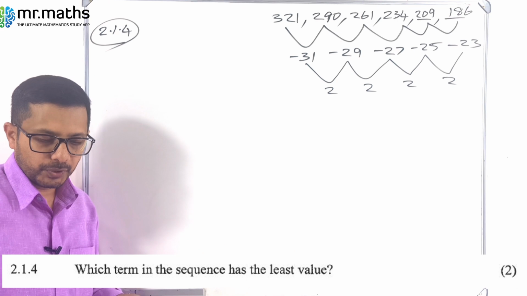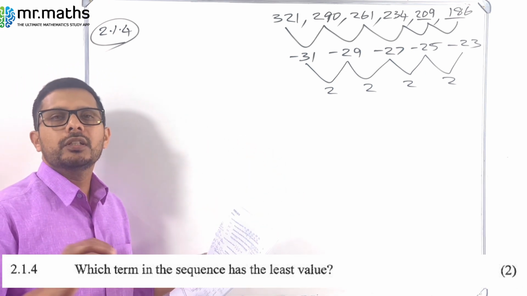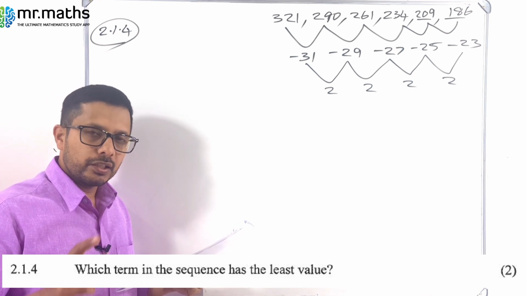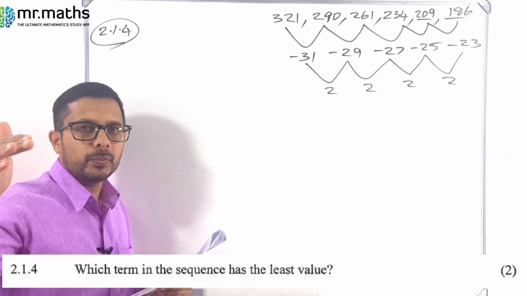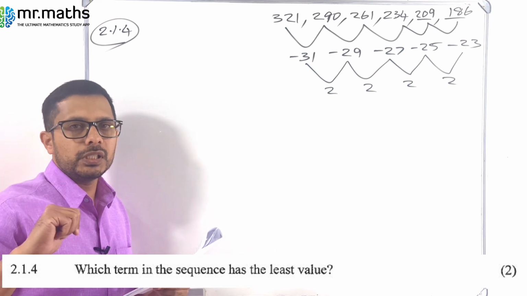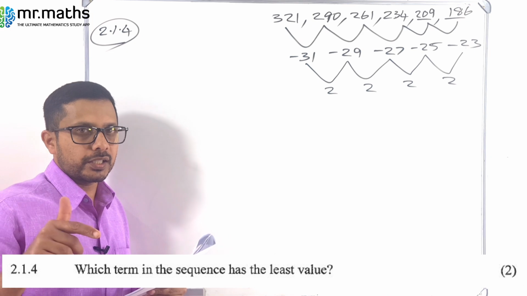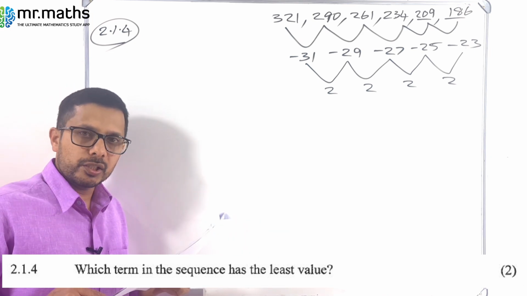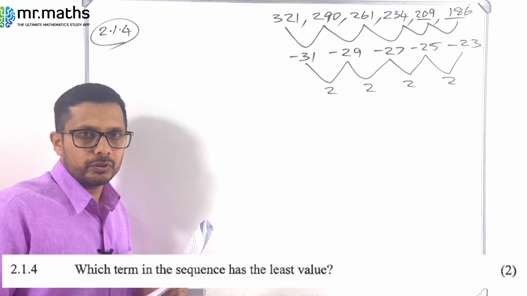Here, this question is an integration with the calculus section. In calculus, you studied that at minimum and maximum, the first derivative is equal to 0. Do you remember that one?